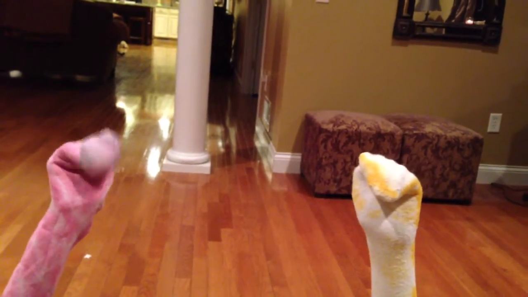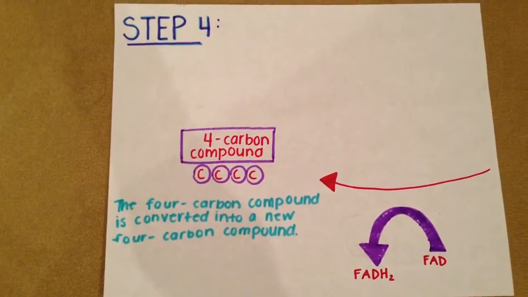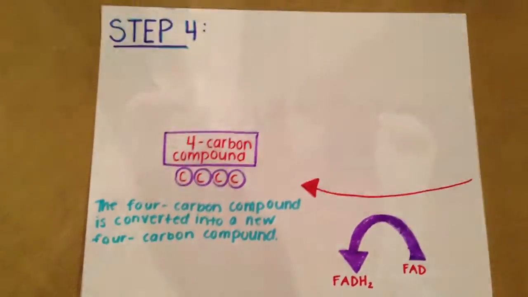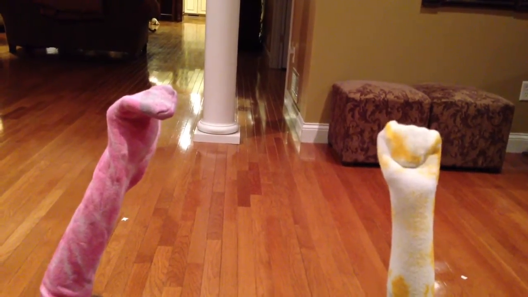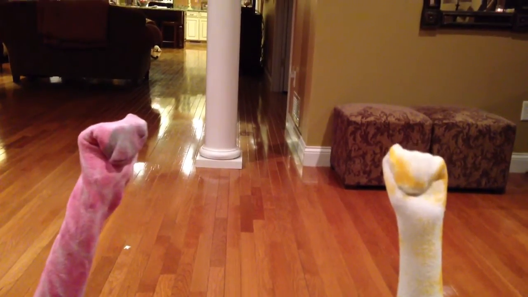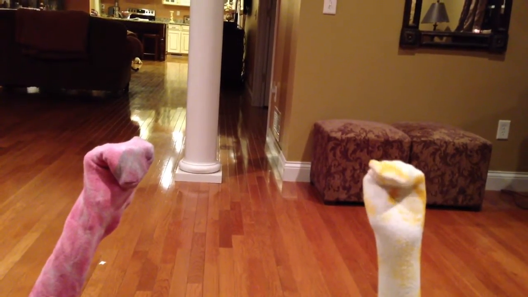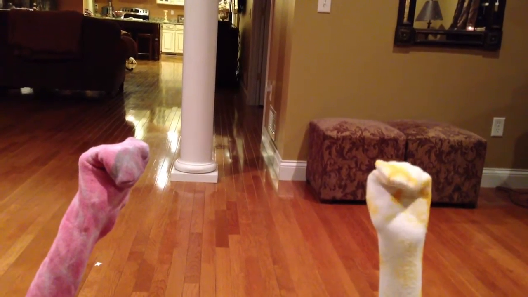Step 4. The 4-carbon compound is converted into a new 4-carbon compound. Step 5. The new 4-carbon compound is converted back into oxaloacetic acid.